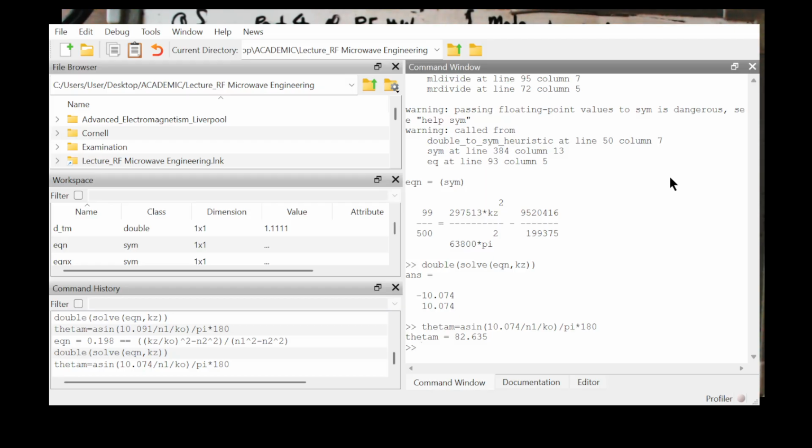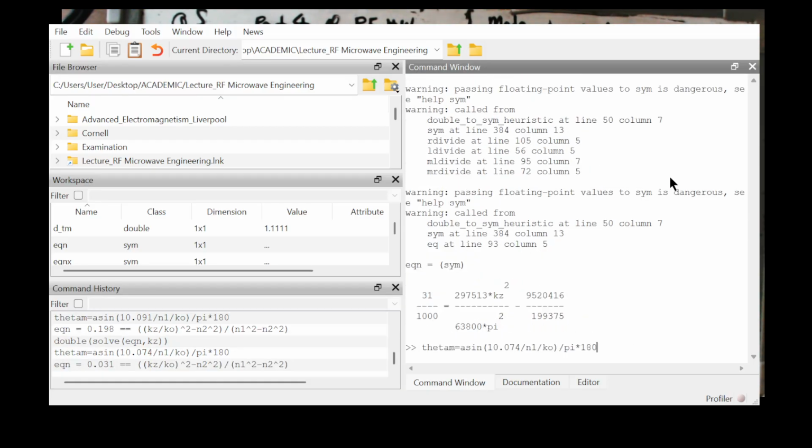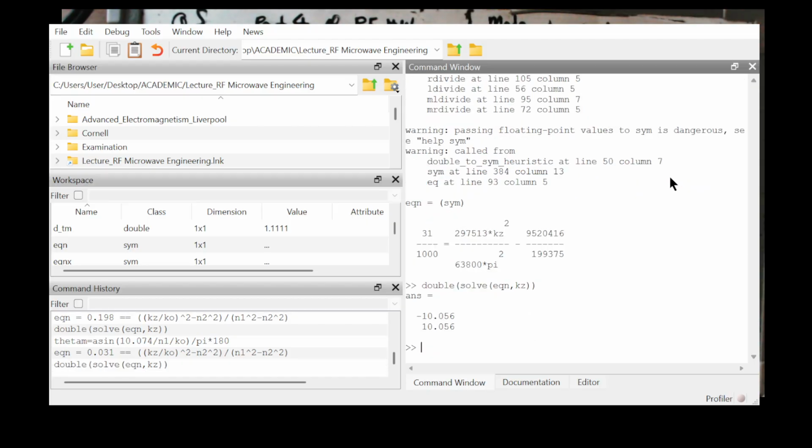And finally, I will look for the largest mode. Mode number 9. The value of B is 0.031. And from here, I can work out the beta, k of z is 10.056.